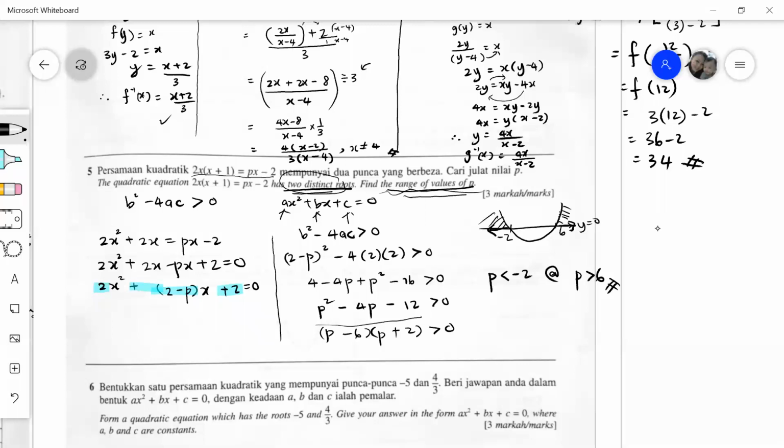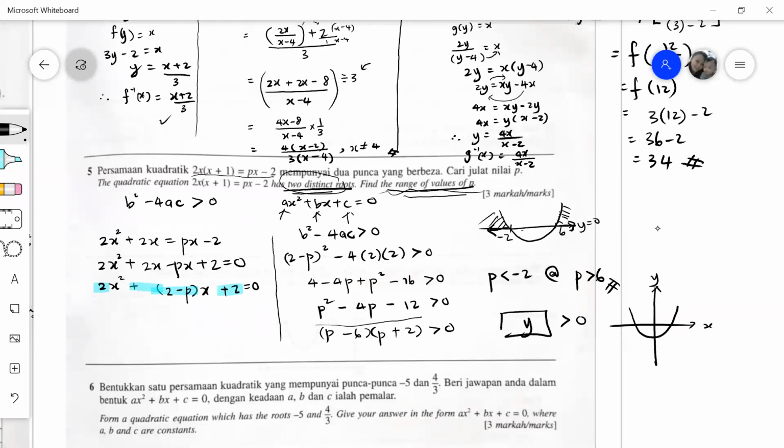Yes. b squared minus 4ac greater than 0 must be outside the graph, meaning on the left side and the right side. If it's less than, then it's in the middle. Because basically it's the whole thing, y greater than 0. According to this, this is our x-axis, this is our y-axis.